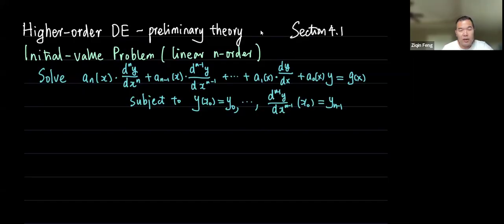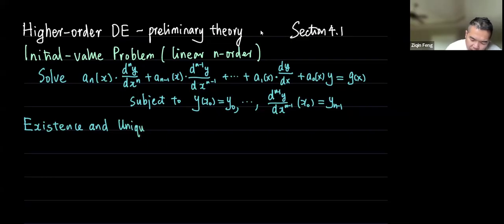Okay, so we will first give an existence and uniqueness result. Under some conditions, we will not prove it in our class, but using some math results we can prove that such an equation will have a solution under some sufficient conditions.